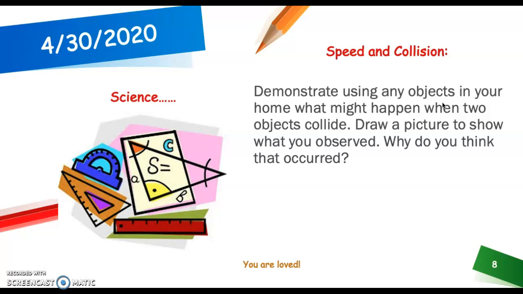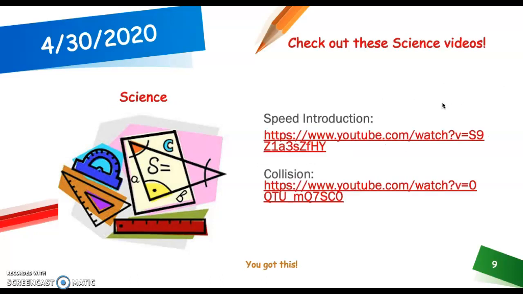And if you're thinking speed and collision, what's that? I want you to think back to when we did the marble experiment on the desk when we were in school, and that will help you understand a little bit better what speed and collision mean and how they're also related.